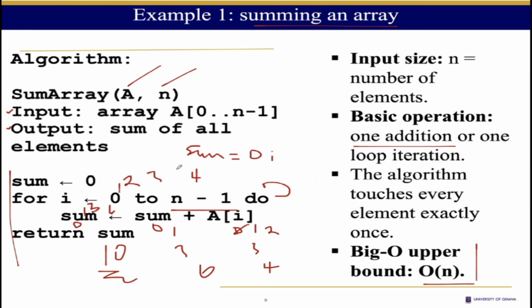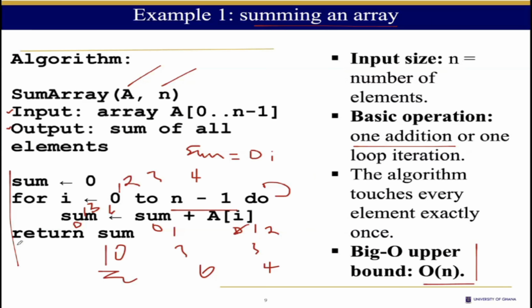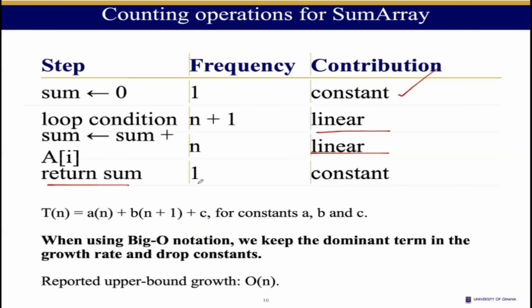Now the loop is going to run from 0 to n minus 1, but counting the loop test on its own, it's going to run n plus 1 times, which is a linear contribution. Then the line with the array at index i, sum plus that, putting it in sum, is going to iterate n times. So we are going to have it also linear. Then the return will also contribute 1, because it is constant time. So it will be 1.